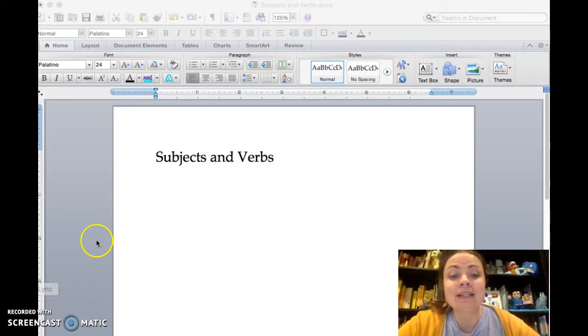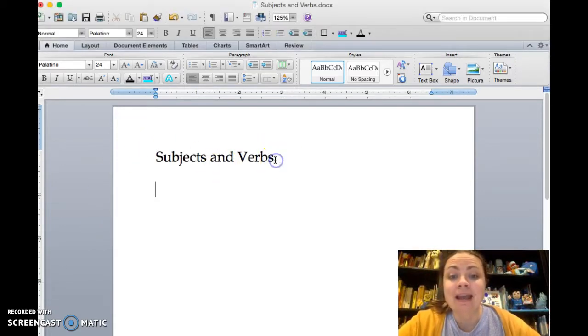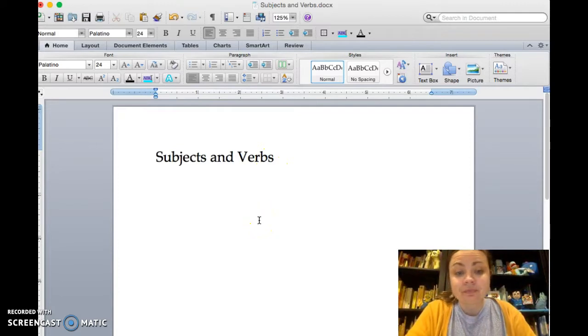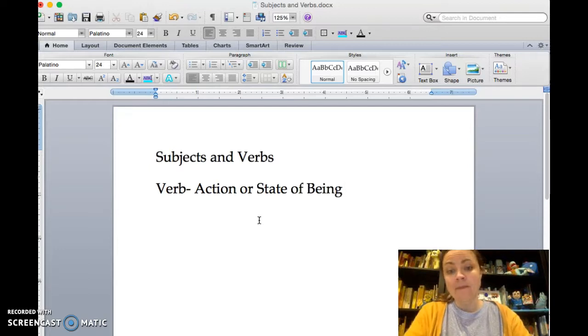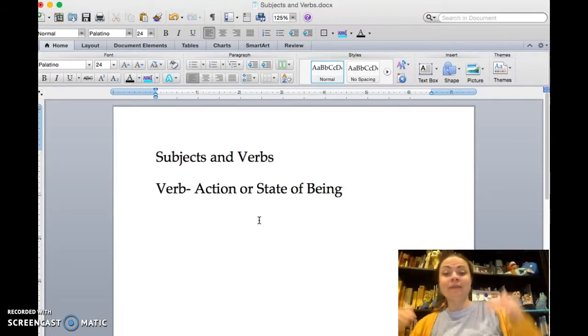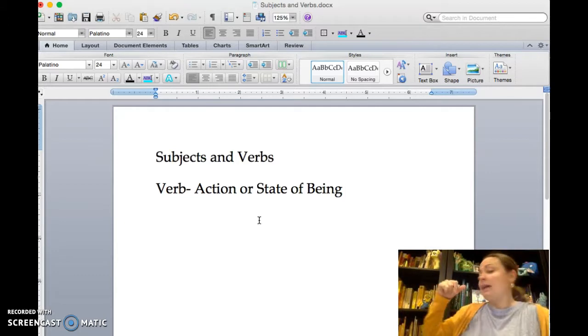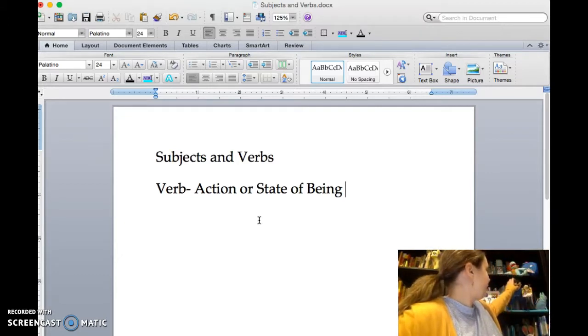So subjects and verbs. I'm going to define verb first. A verb is an action or a state of being. A lot of times in middle school or maybe even high school, you're just taught a verb is an action word like fly, soar, things that Superman would do. Look at this, we've got Superman back here.